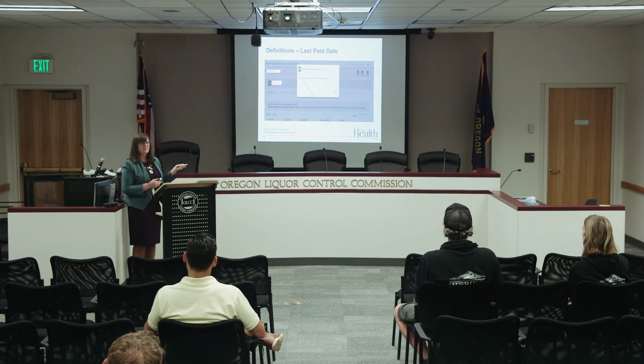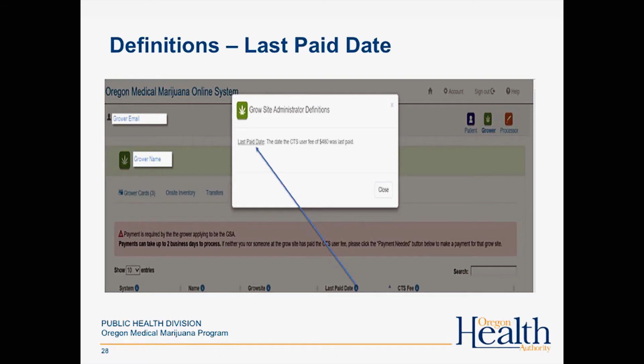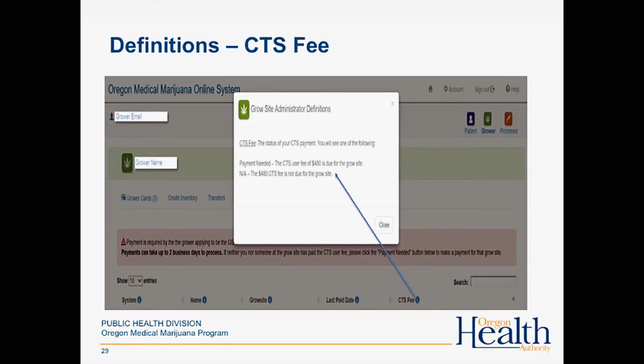So it's one time for that Growsite. The tracking fee will show here. Once it's been paid and reconciled, it'll show as NA. When we get up closer to a renewal time, let's say a year from now, about 45 days out, that button will show back up again and allow you to pay again, but it won't be available to be paid until that time.